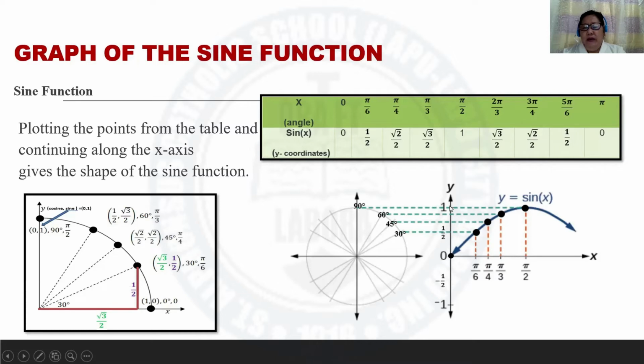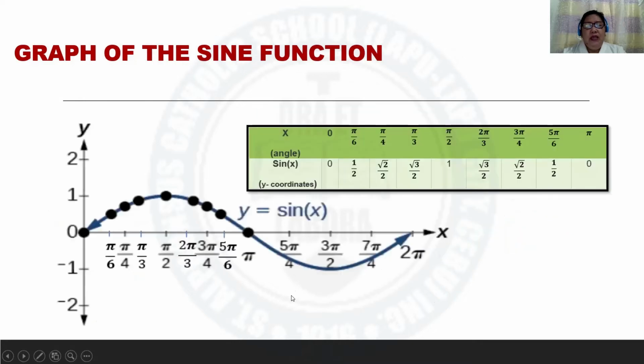So it's here. So that is how to locate the points. So the graph now would be like this. You have 0, 0, pi over 6 with 1/2, pi over 4 with square root of 2 over 2, and so on and so forth.